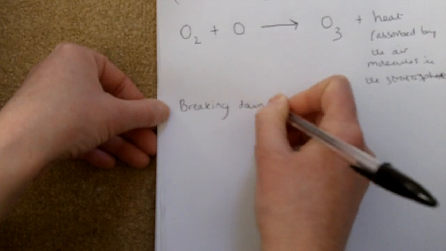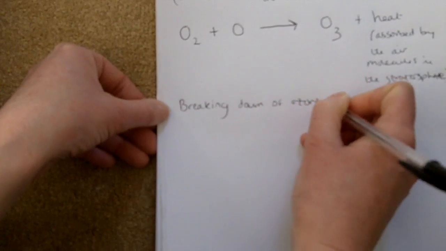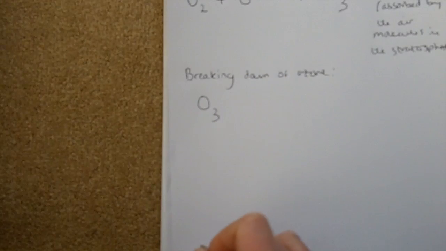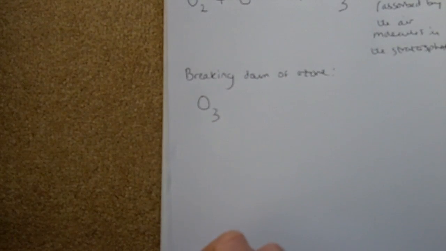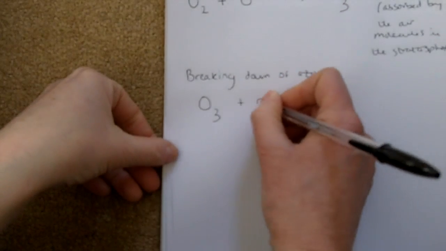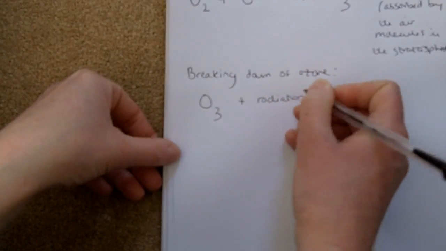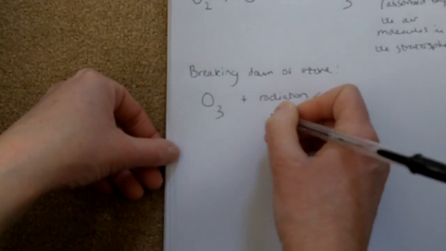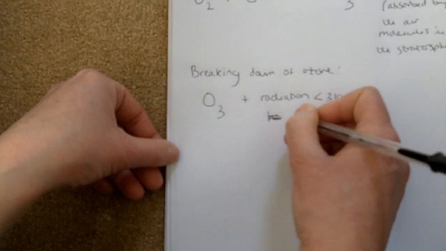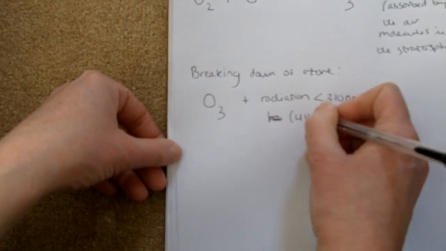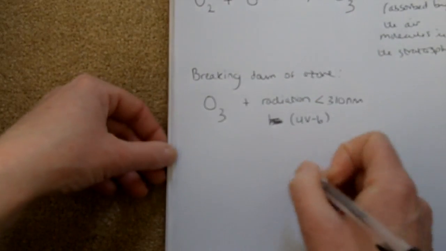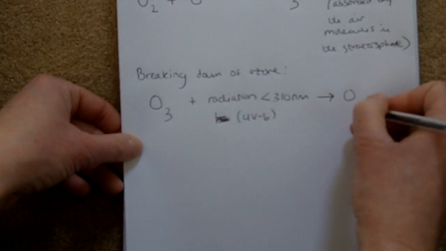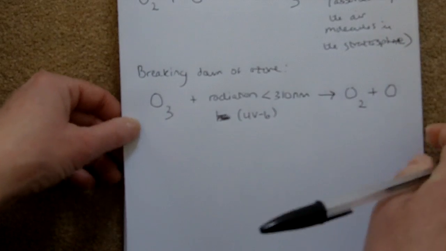There's a weaker bond in ozone, so it can absorb the lower energy radiation, below 310 nanometers, which is basically the UVB, the medium energy radiation, and that can break down the ozone back into an oxygen molecule and an oxygen atom.